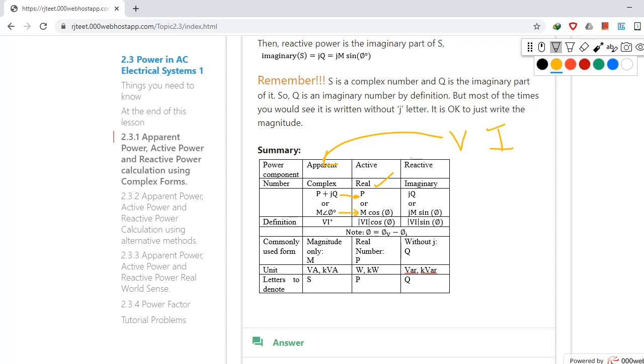As a first method, you can calculate the apparent power and then take the real part out of it to calculate the real power. It's one way you could do it, but there is a simple method which you can directly go for active power. In that case, what you would do is take the magnitudes of these two and multiply them.